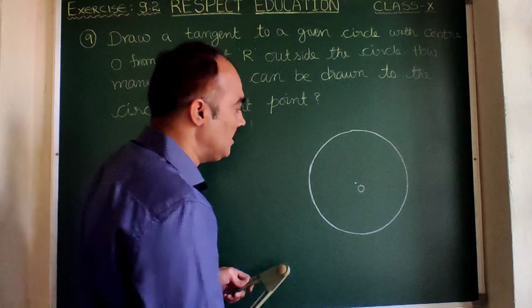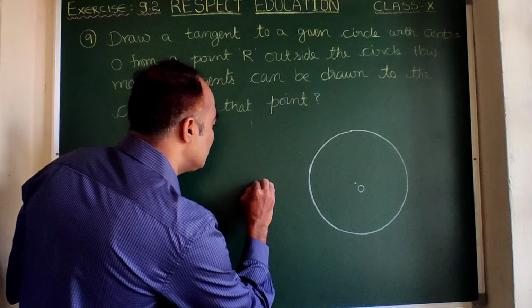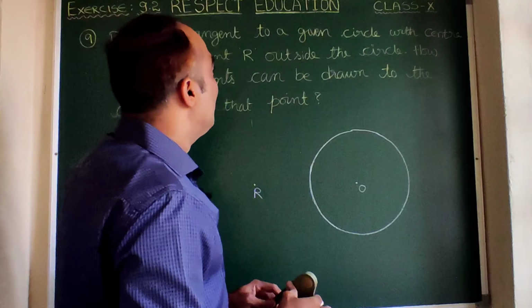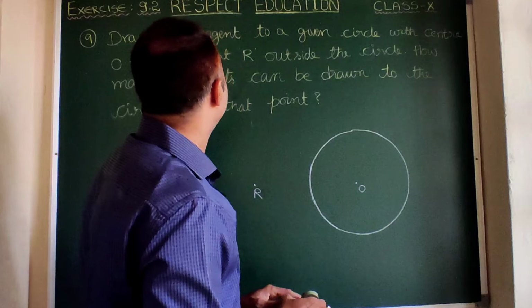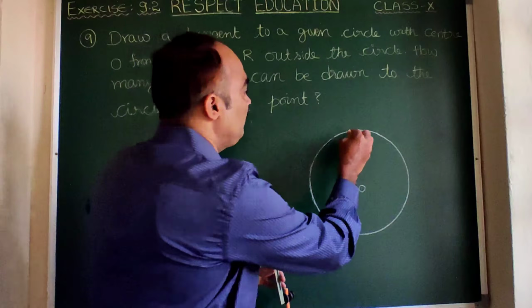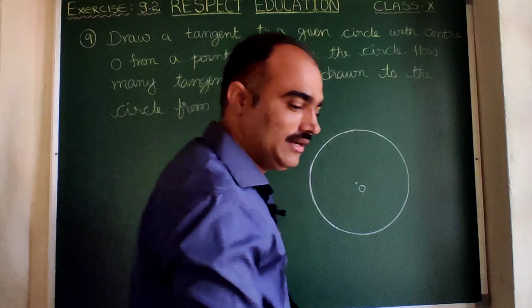Now let us consider a point R outside of it. So here I am taking point R. Now from this point we need to draw a tangent. So let us see how to draw a tangent from an external point.